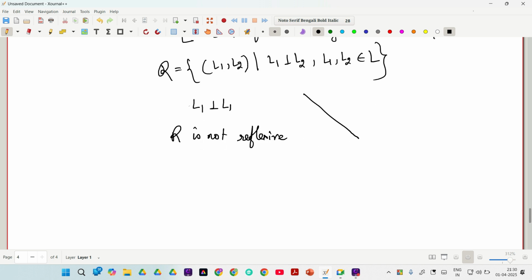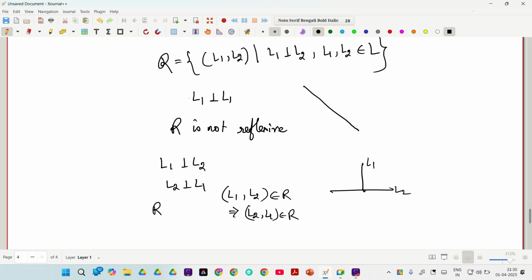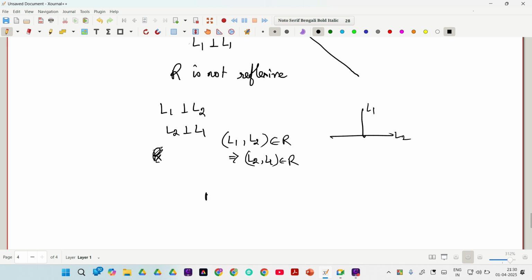Now, if L1 is perpendicular to L2, then it is obvious that L2 is perpendicular to L1. This is L1 and this is L2. Then L2 is perpendicular to L1. So (L1, L2) belongs to R implies (L2, L1) belongs to R. So R is symmetric.